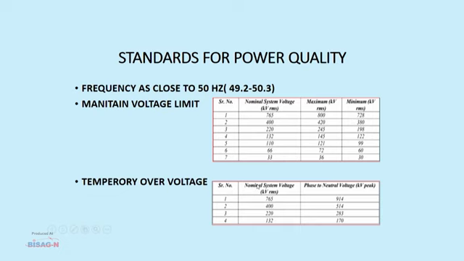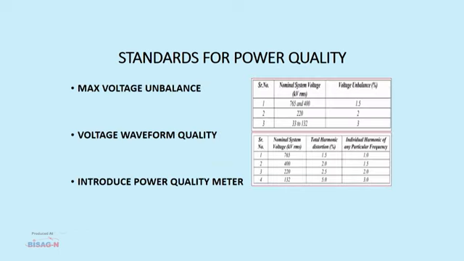Temporary over voltages. For 132 kV, we can have a system that has to be designed up to 170 kV peak voltage. Percentage of maximum voltage unbalance. From 33 kV to 132 kV, we can have a voltage unbalance of 3%, and it reduces in higher voltages up to 1.5%. Voltage waveform quality or harmonics.